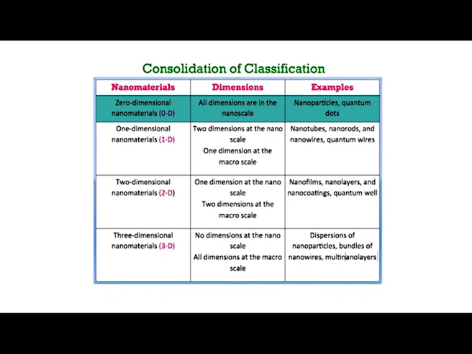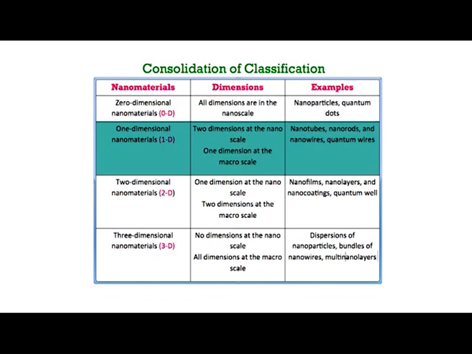That is, all the dimensions are in the nano regime. Examples are quantum dots. Then for one-dimensional nanomaterial, as the name indicates, only one dimension is in the bulk regime, other two in the nano regime.